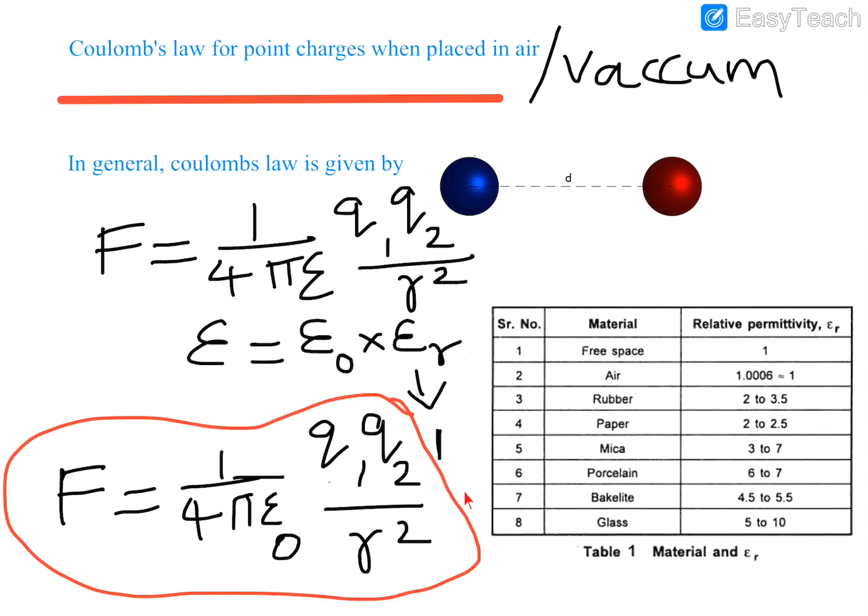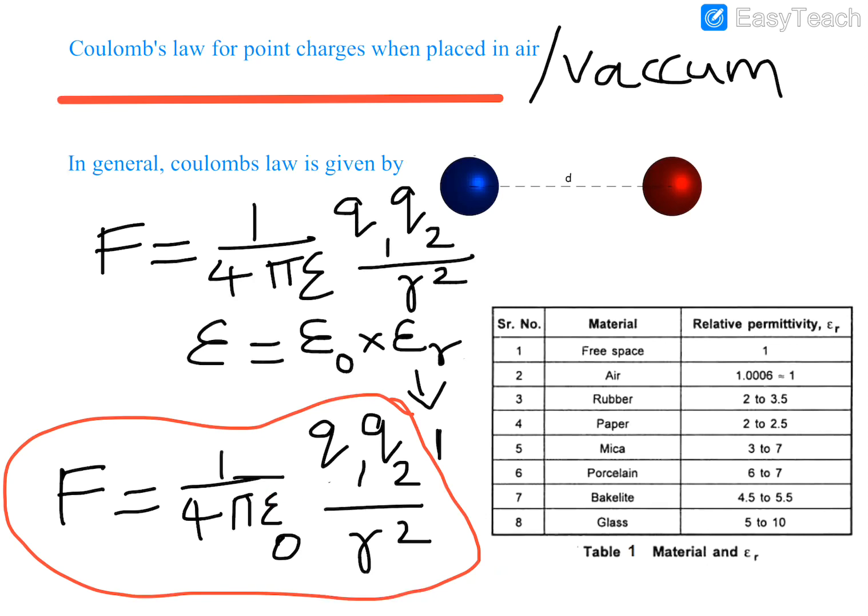This is the equation for electrostatic force when charges are placed in air or free space. Only when they are placed in air or free space can you use this expression. Instead of epsilon you can use epsilon 0.